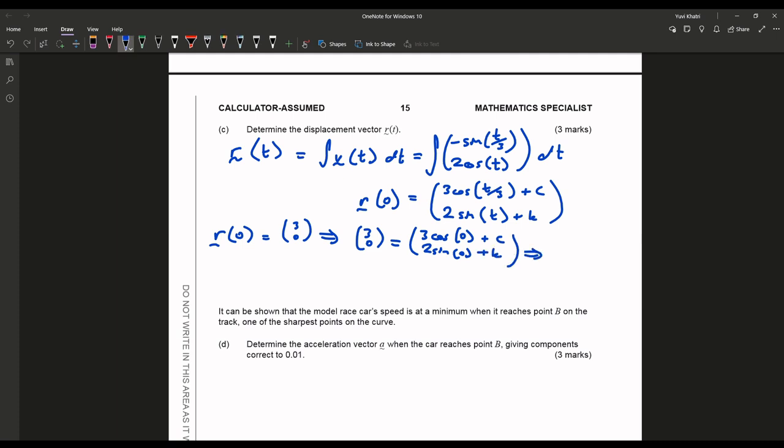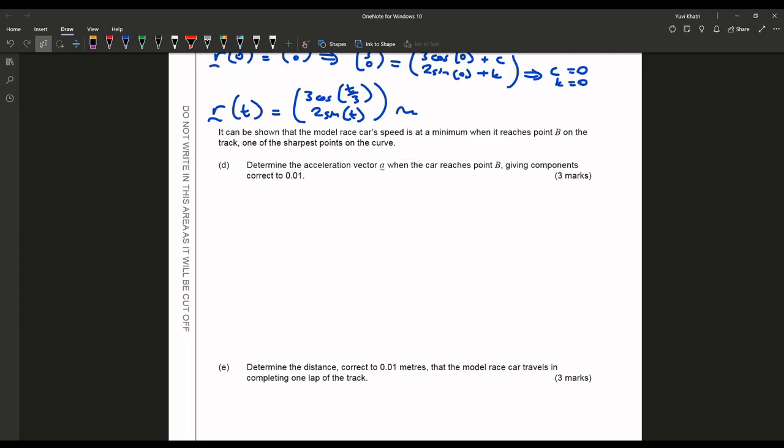Solving that, we get c equals 0, k equals 0. So that gets us our constants. So our final position or displacement vector is 3 cosine of t over 3 and 2 sine of t meters.